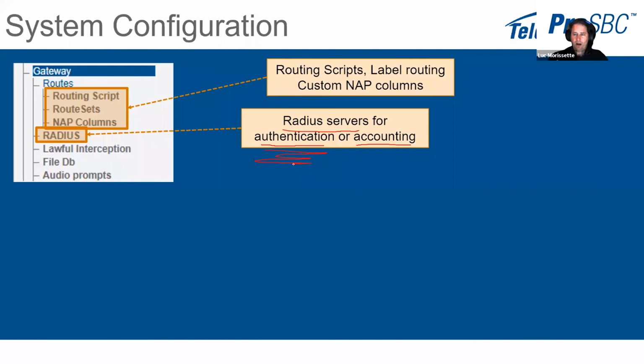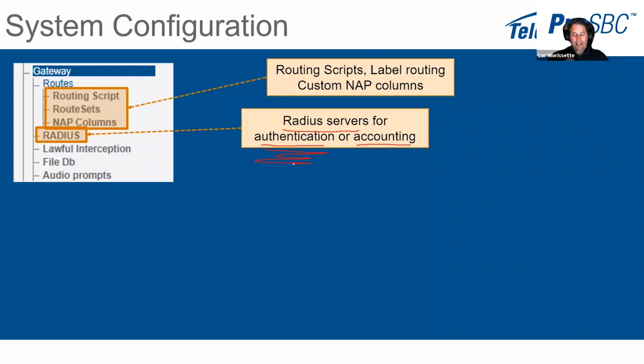So you receive a call, you send it to the Radius server, which is not owned by TechBridges. We do have partners that provide some Radius servers, and some of our customers have also built their own Radius servers. So if I repeat, we receive the incoming call, we send it to the Radius server for authentication, and they return that the call is accepted.